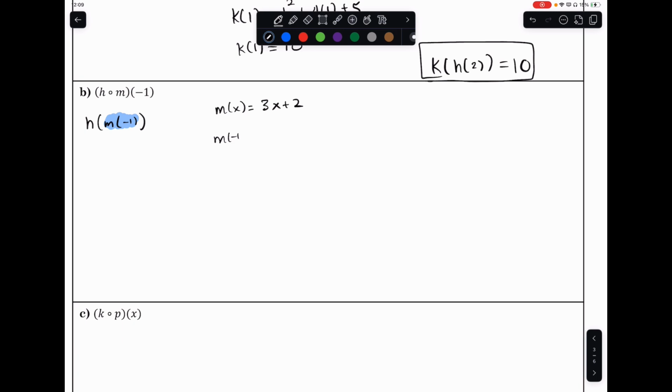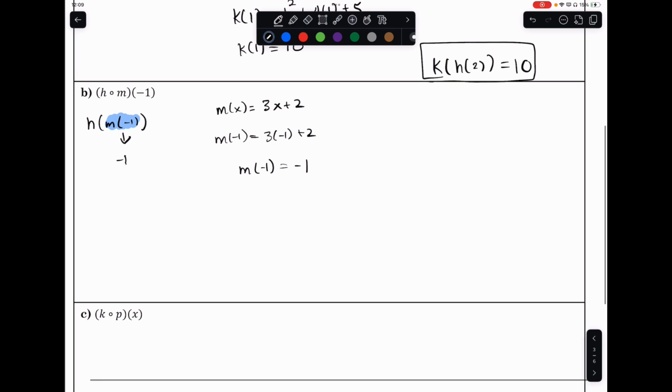So m of negative 1 means that we're going to end up with 3 times negative 1 plus 2, which is negative 3 plus 2, which is negative 1.